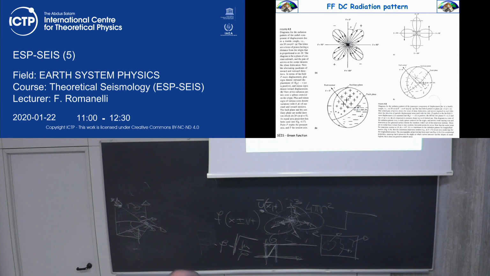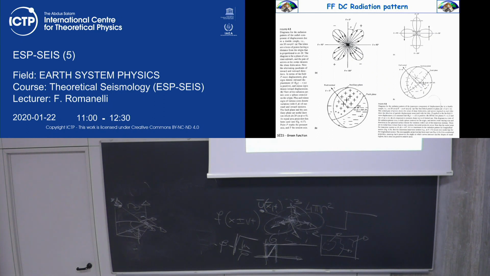So if you remember, I was using a sort of x1 direction, z as a normal of the fault, and a slip, okay? Now we can create a reference system around this, in the center of the fault, maybe represented as a point. And we can imagine to give a look at different angles. Let's imagine to give a look from the side. What we are left with here is theta.